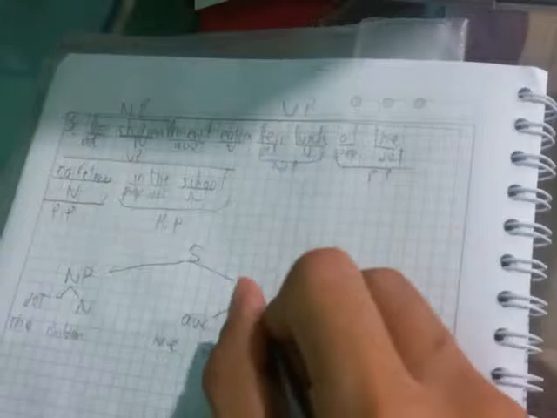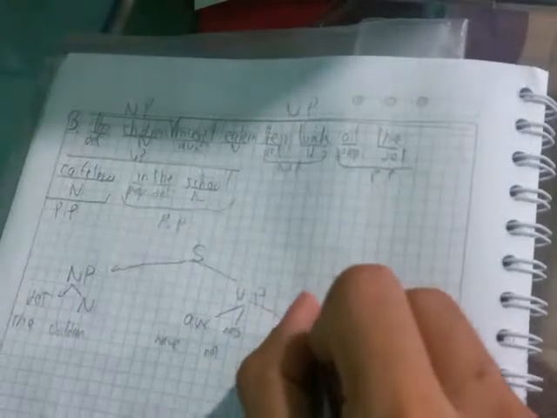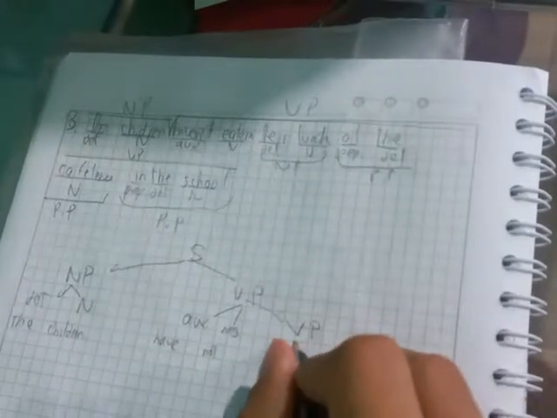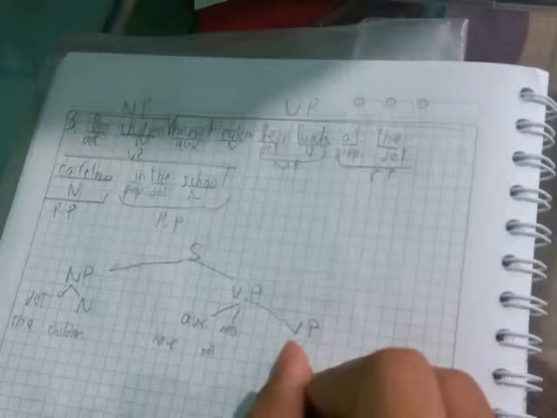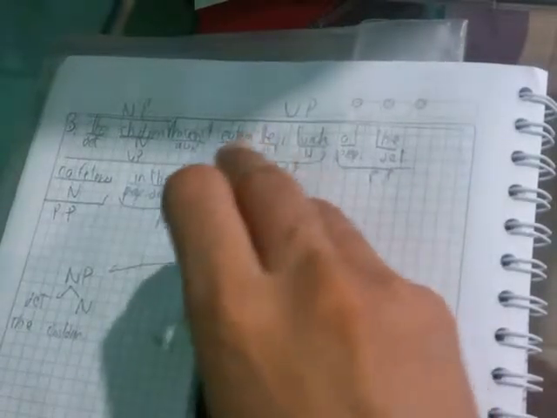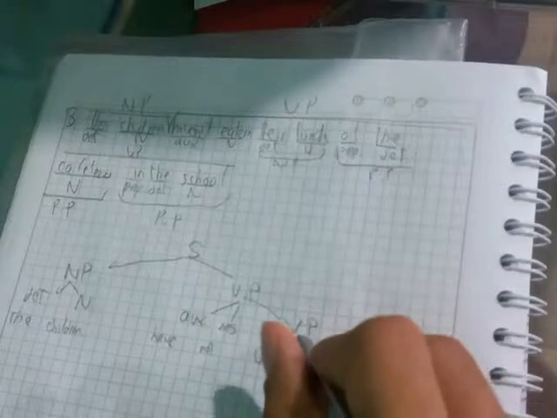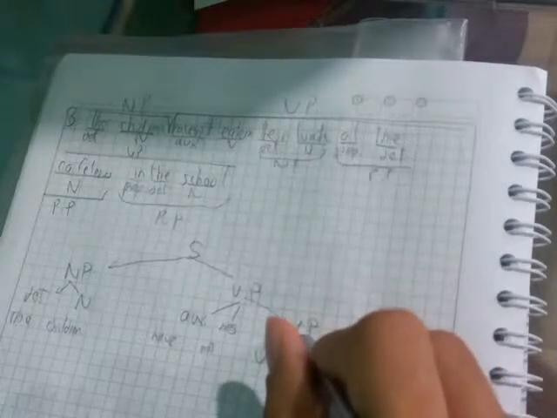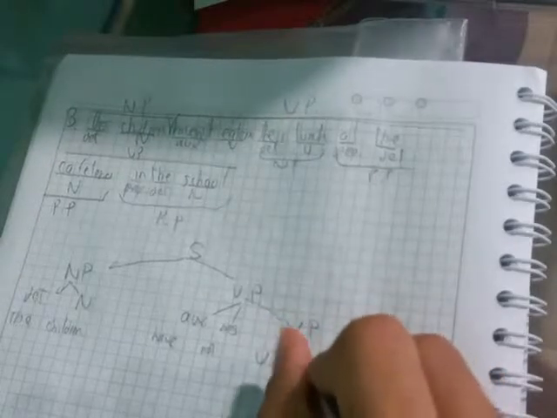Then we continue with another verb phrase. Then we have here the verb, the main verb of the sentence. And we have here a noun phrase.